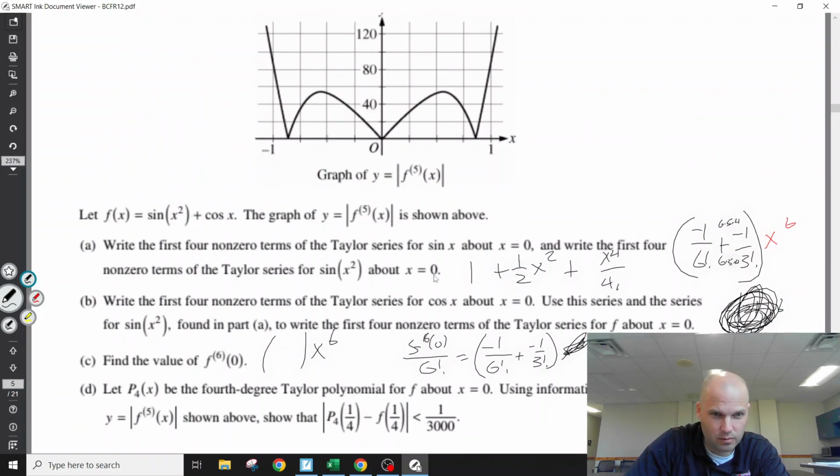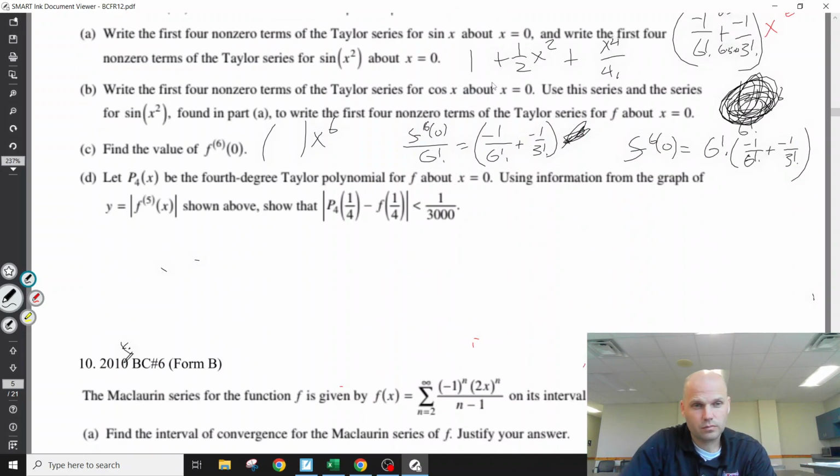We're talking about between 0 and a fourth. I guess they want to say that the max is 80 between 0 and 1. And the fifth term uses the fifth derivative over 5 factorial.